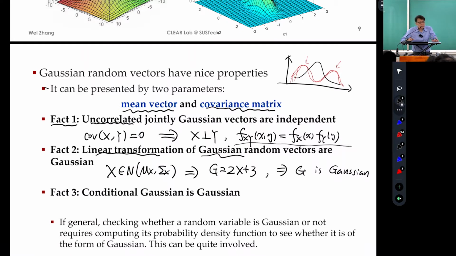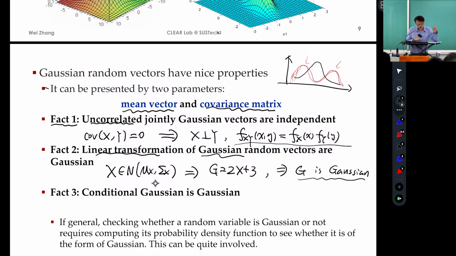How to prove this? Shuyan. How to prove this by definition? How to check it is Gaussian or not? Density function, then you do matching to see whether it satisfies the form of Gaussian.